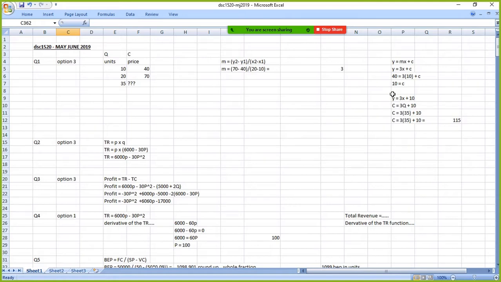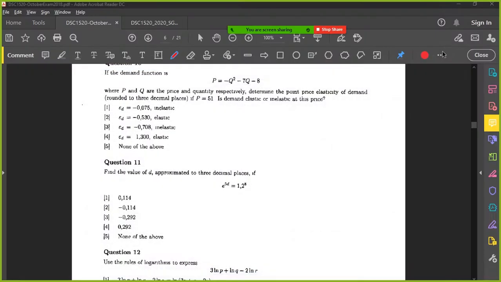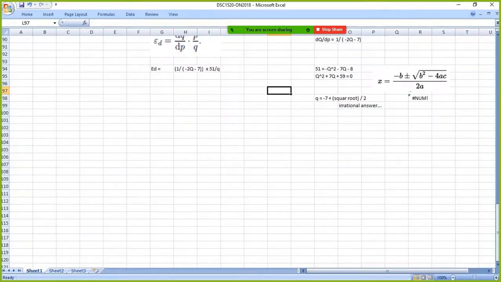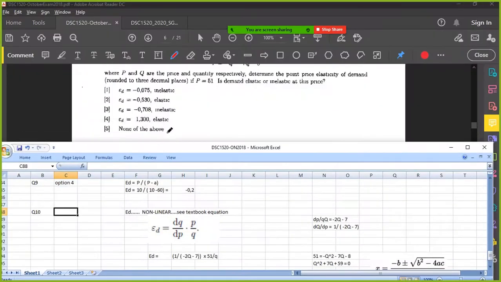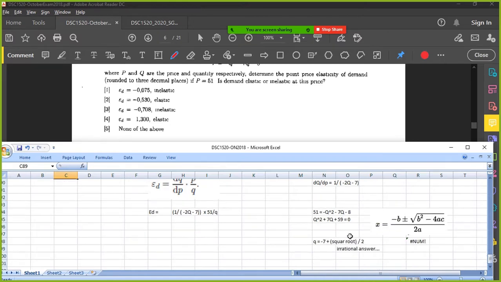This is the first time that the non-linear came up, but you would have been able to work it out had you been able to square root the number, but you can't. That's the problem. Right, so for this one, I would choose option 5. Okay, none of the above, because you can't square root a negative number, so you can't actually get the quantity that's going to be supplied.